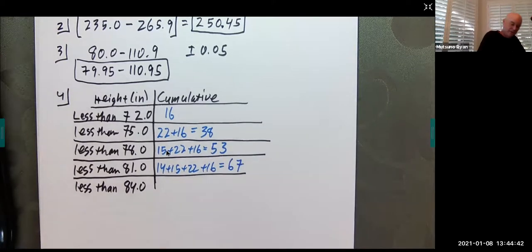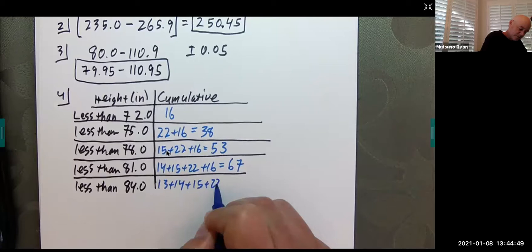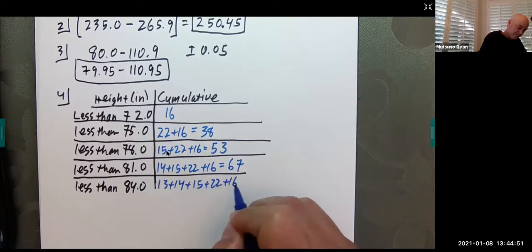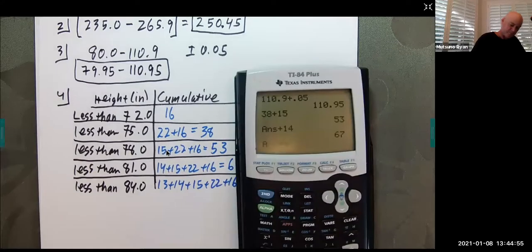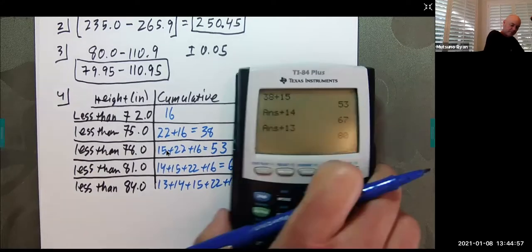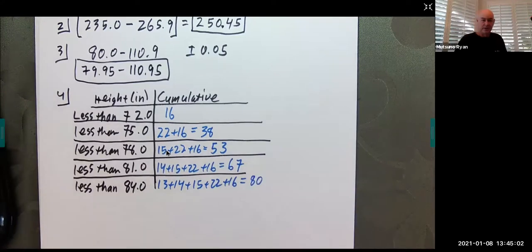And lastly, this is everybody, 13 plus 14, 15 plus 22 plus 16. Gives us 80. That's how you do a cumulative frequency distribution table.